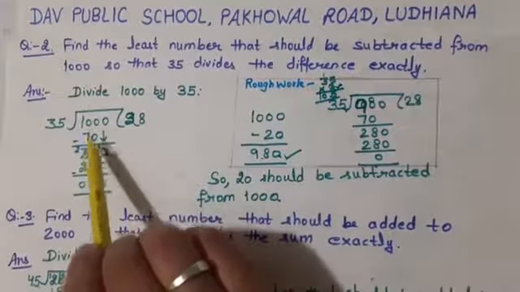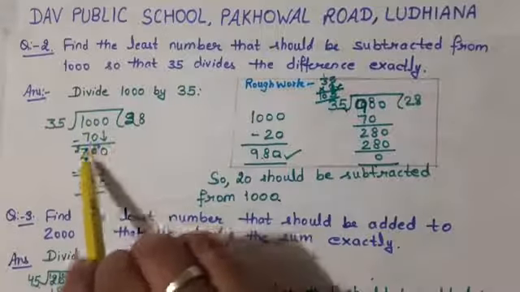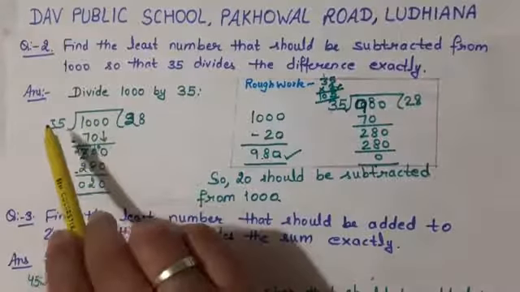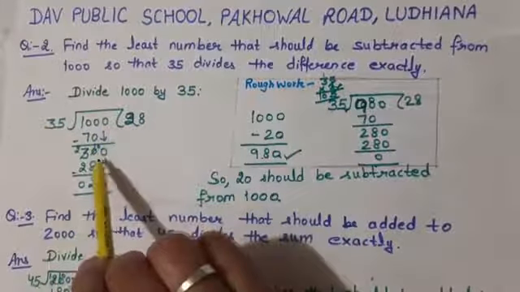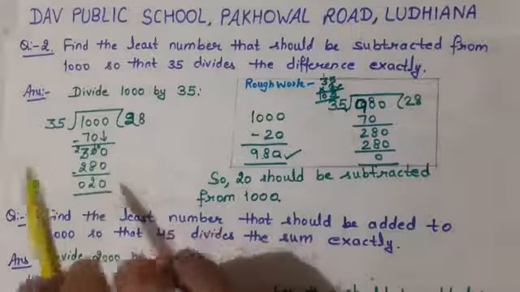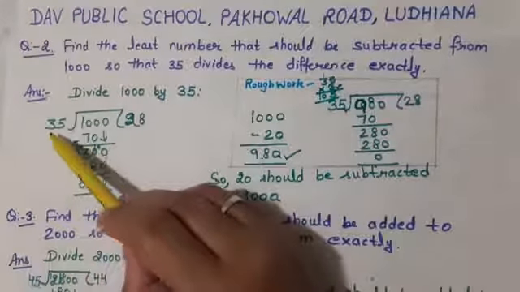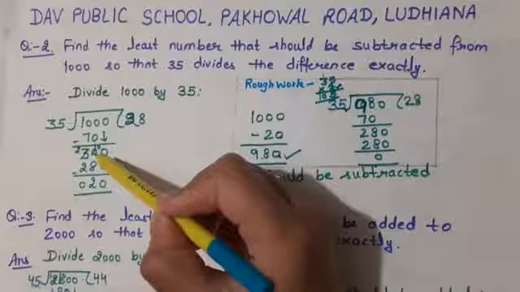Now subtract 0 minus 0 is 0 and 10 minus 7 is 3. Now here is 30, which is less than 35. So we will take 1 digit down, take 0 down. It will become 300. Now we will check on which table it will come. Here is 3 and here is 30, right?